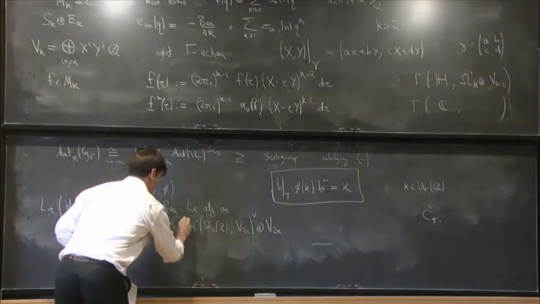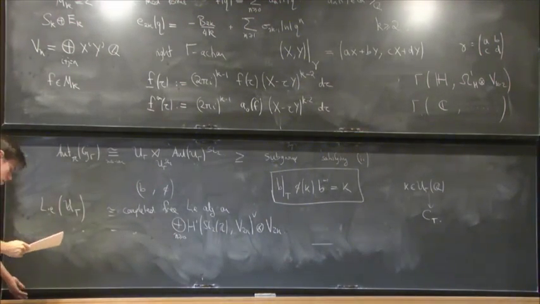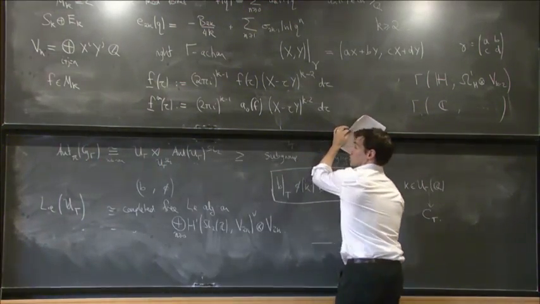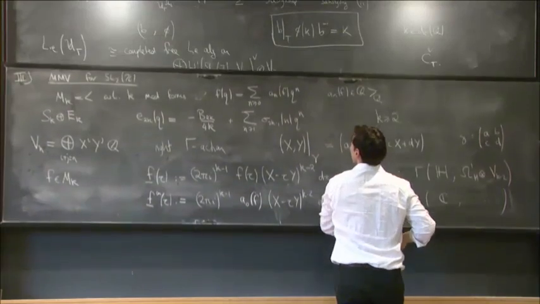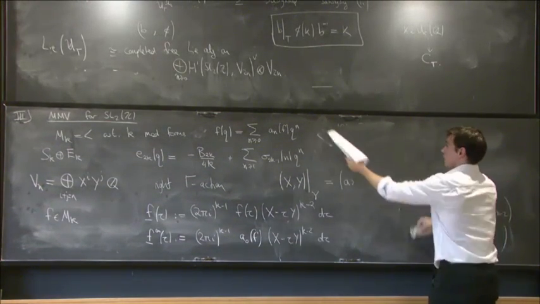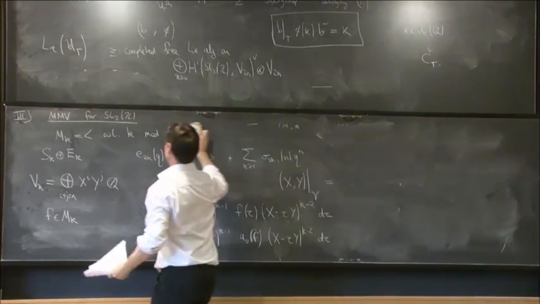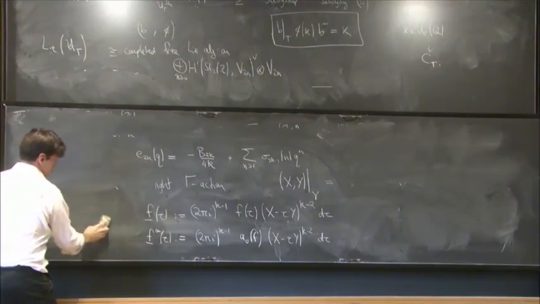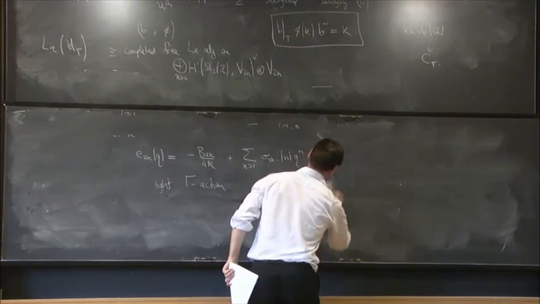Maybe I should put direct sum. And so the automorphisms of this group should be things, the φ should be something which takes an element of H^1(SL2, V_2n) and moves it to a Lie bracket as the same thing. This is very concrete.